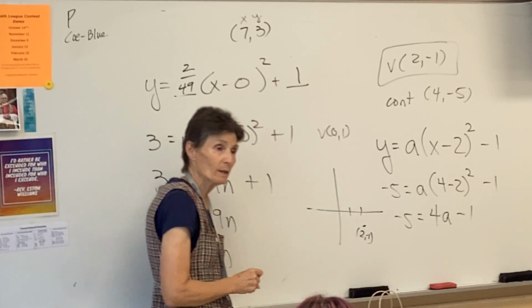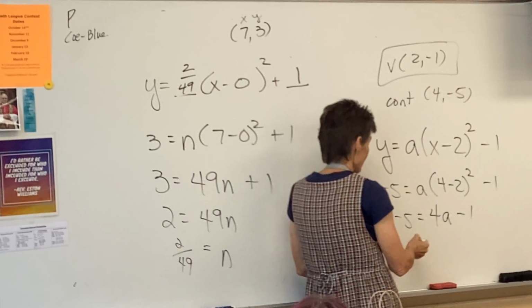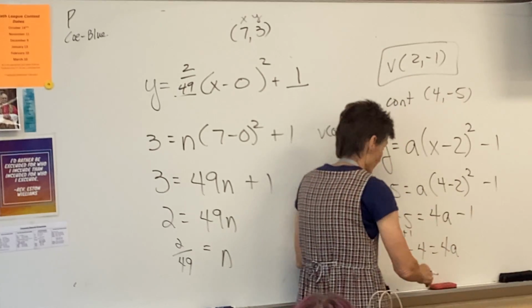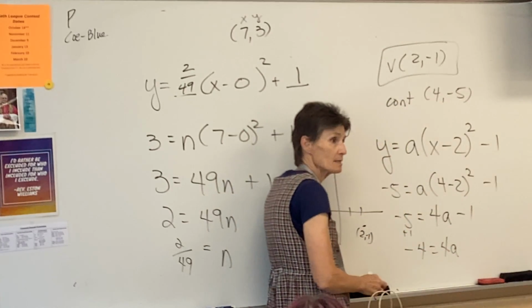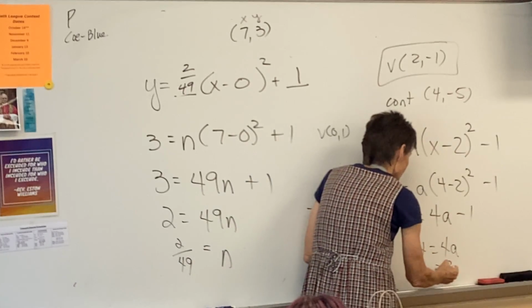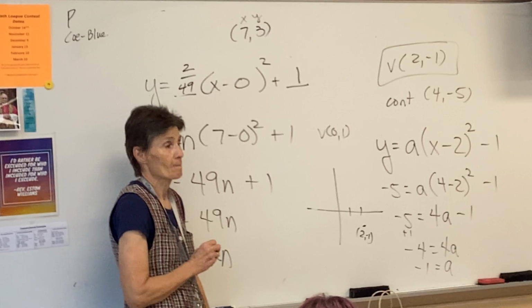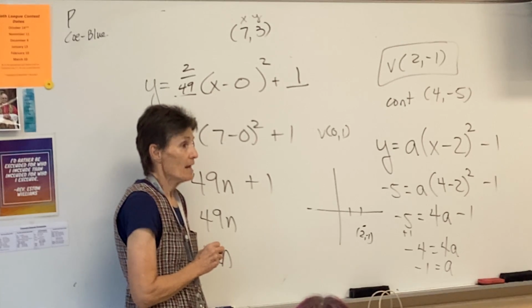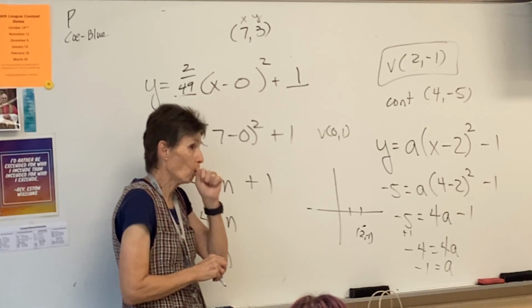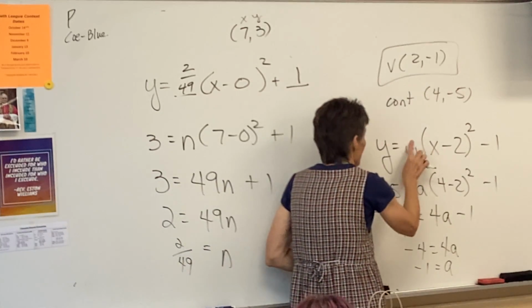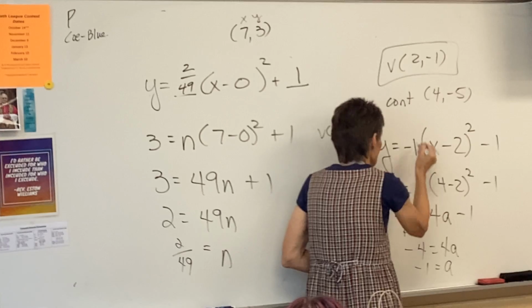So now we will add the 1, so negative 4 equals 4A. This one actually works out nice. So A is negative 1. And then what we write in the answer blank, A is negative 1.